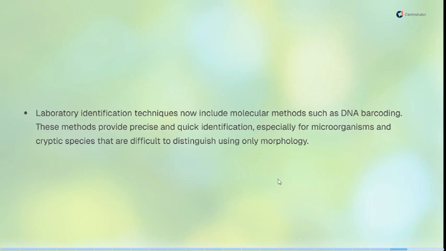You cannot just distinguish them like that. So this method of identifying these kinds of organisms is known as laboratory identification techniques, and it uses methods like DNA barcoding to classify different organisms.